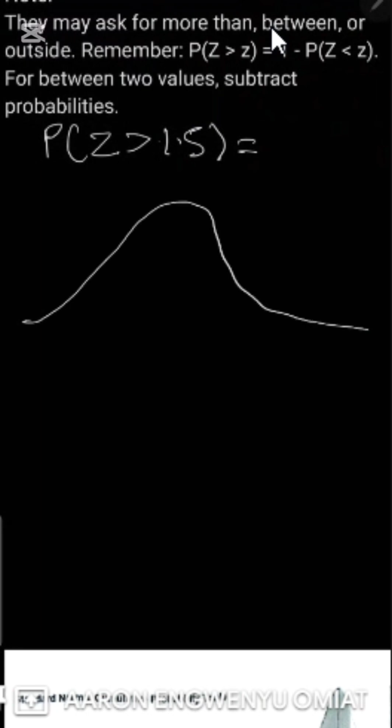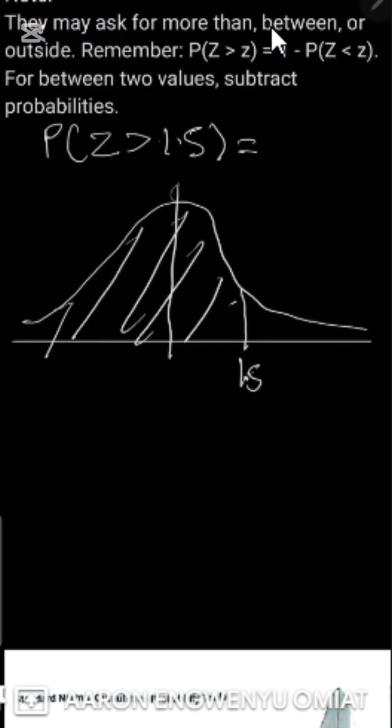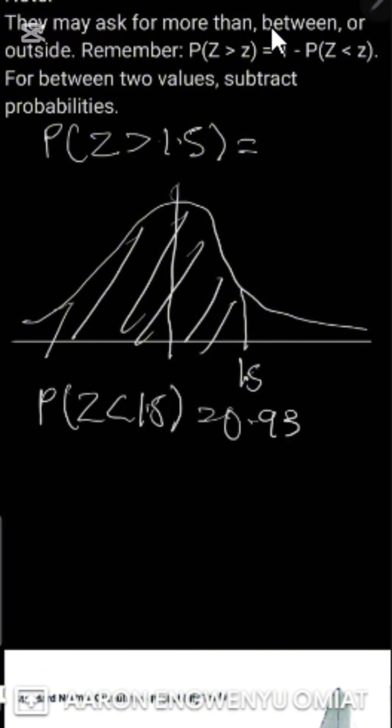So this is a normal distribution. This is the mean, and this is our point of 1.5. And we got the probability of Z less than 1.5, which is the shaded region, as 0.9332. Now, what if they ask for probability of Z greater than 1.5? What do we do?